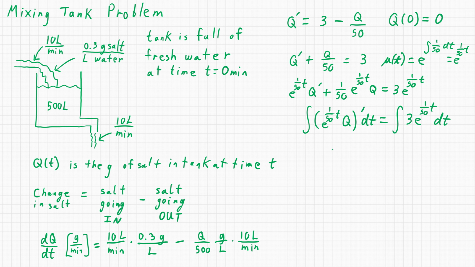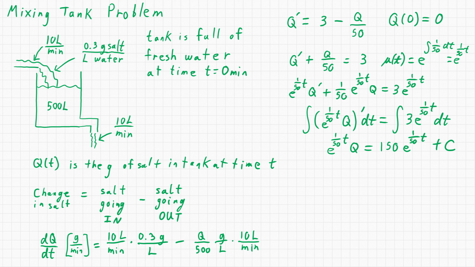All right, so the integral and derivative cancel. We get e to the 1 over 50 t times q. It's going to equal, so the integral of this, because of the exponent here, we have to end up multiplying by 50 to kind of cancel it out, doing the product rule in reverse. So that's going to be 3 times 50, so 150 times e to the 1 over 50 t, plus the constant of integration.